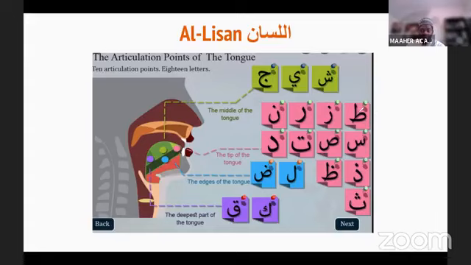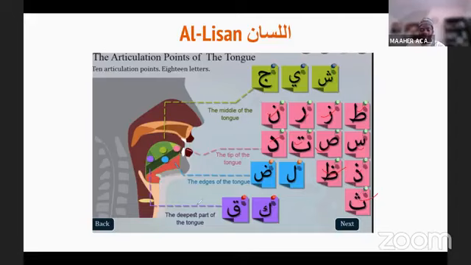So the ta, the zain, ra, noon, sin, sod, ta, da. You see the tip of the tongue is involved in all these 11 letters.